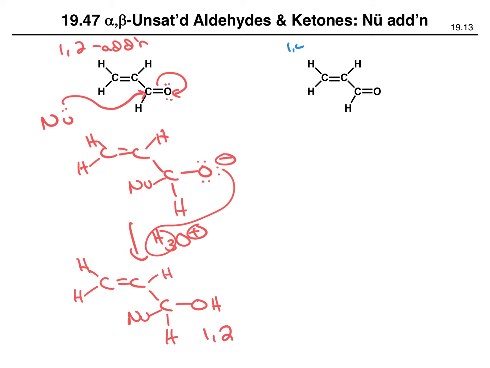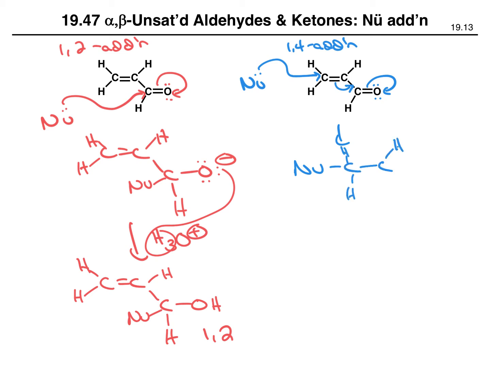Now if we consider 1,4 addition, let's say that our nucleophile adds to this carbon, pushing these electrons here, pushing these electrons here. That gives us our nucleophile connected to this carbon, single bonded to this carbon, double bonded to this carbon, single bonded to the oxygen, and here is our hydrogen. So we have this intermediate. From here, we have two options.